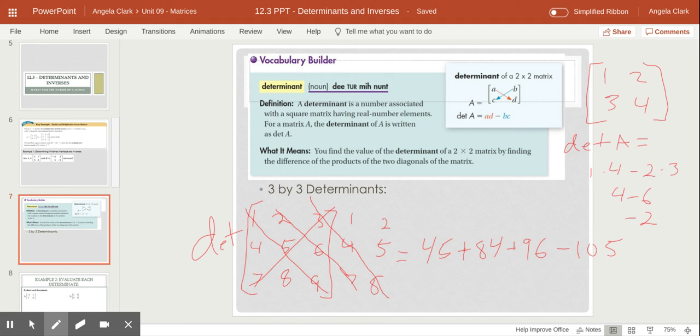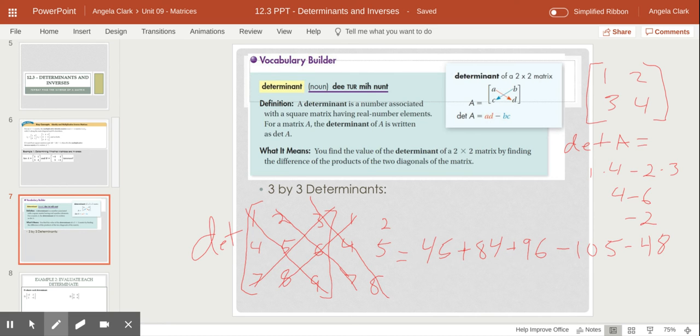Okay, so then we're going to do the same thing with this diagonal. We're going in this direction, so that's subtracting again. So 8 times 6 times 1 is 48, so minus 48.